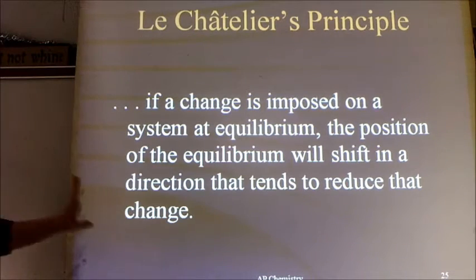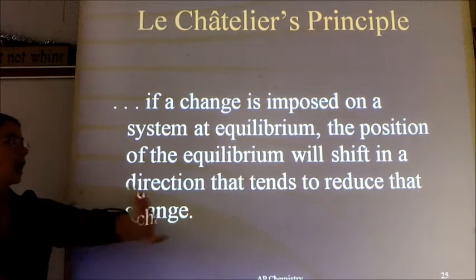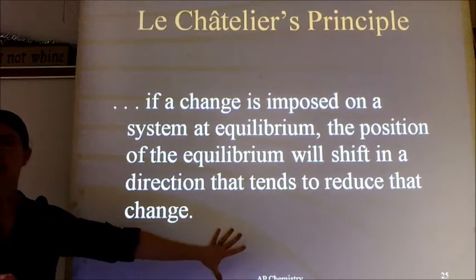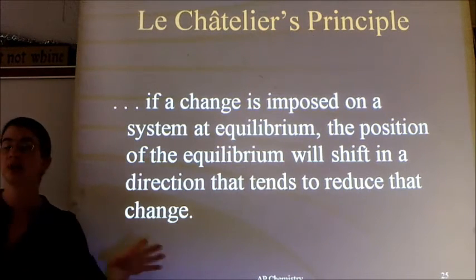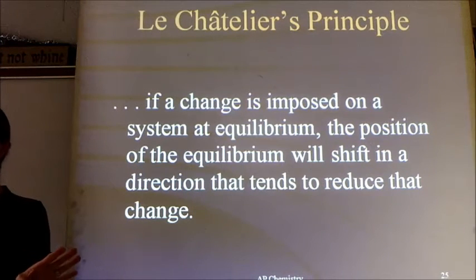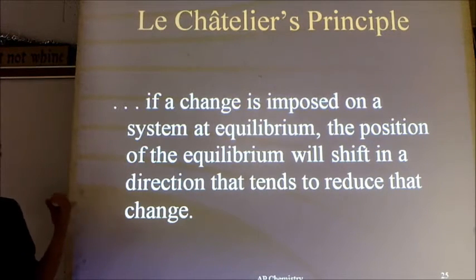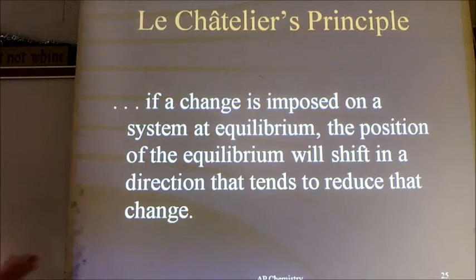Okay, so let's move on, and this is our last topic for this chapter, Le Chatelier's principle, which you definitely did in Chem 1, and let's just review what it means.